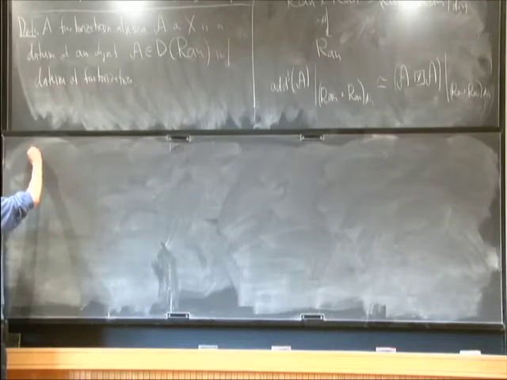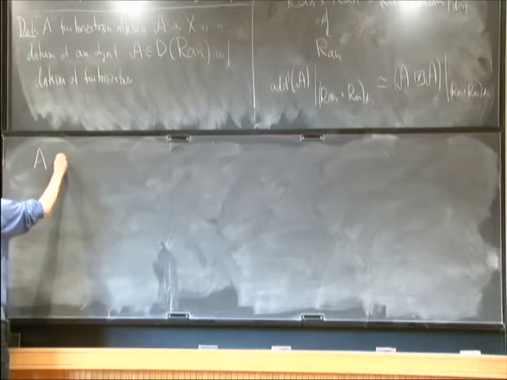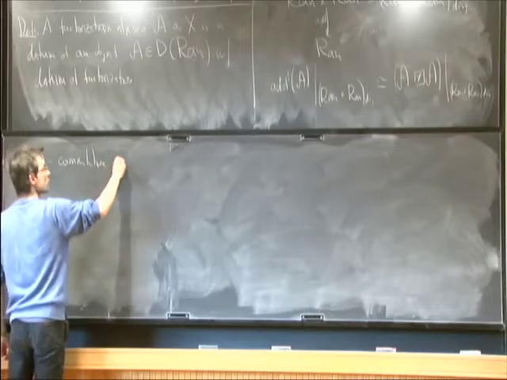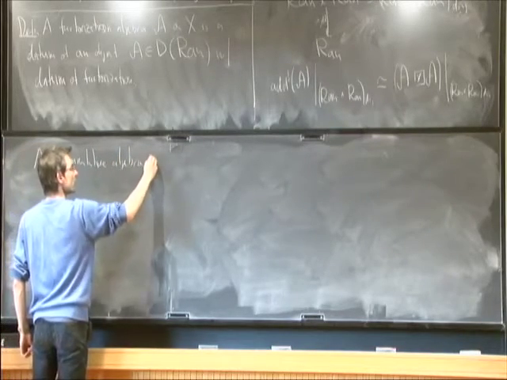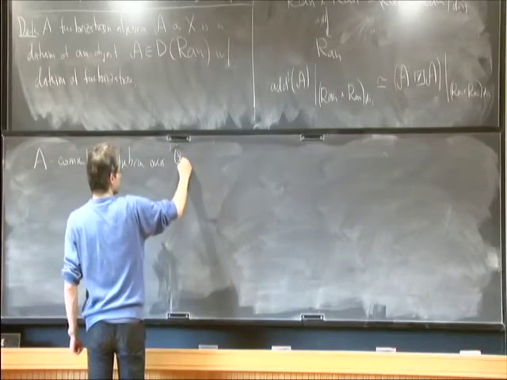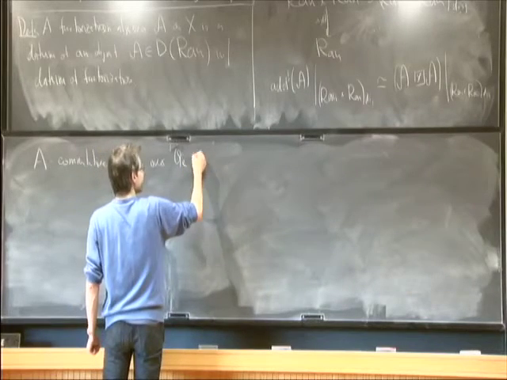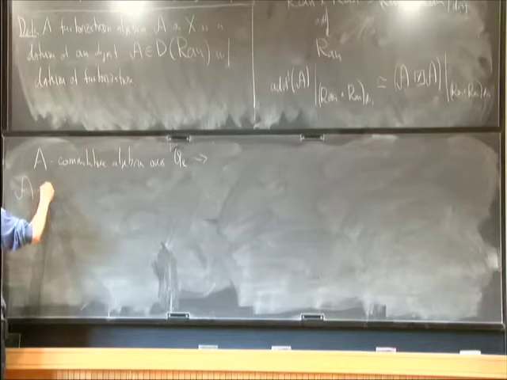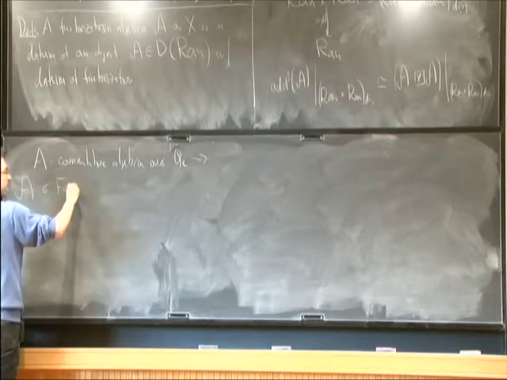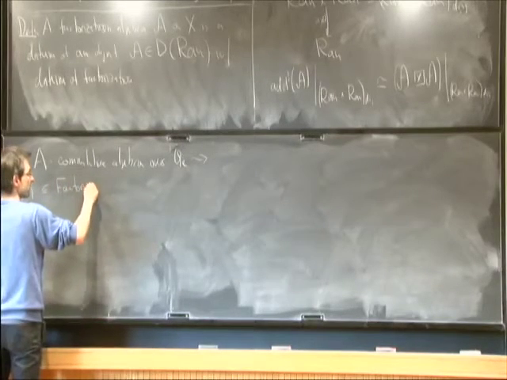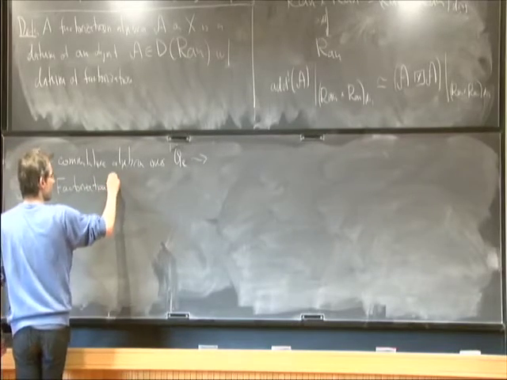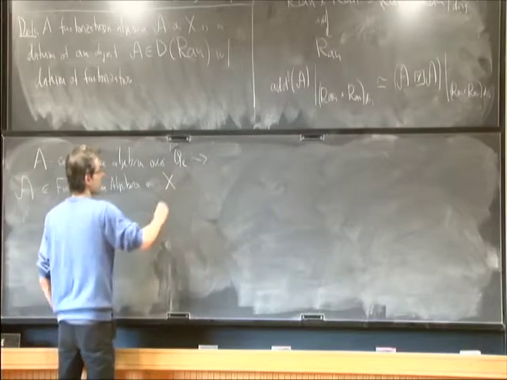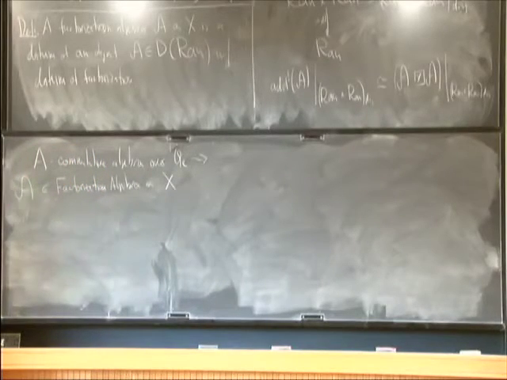One of the observations is that if A is just a commutative algebra over Q_l, you can create A, which is a factorization algebra on X. So let me say what it is.